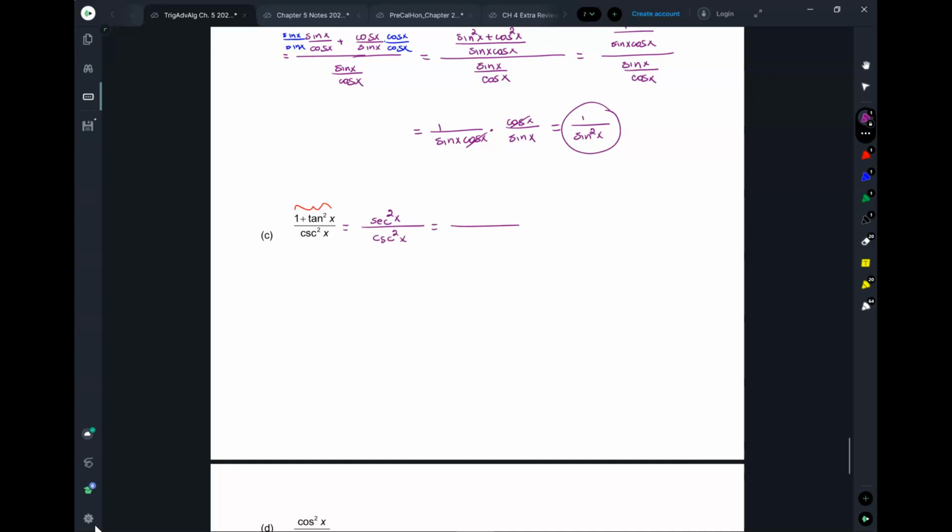Secant from the box is 1 over cosine, but since it's squared, I square it. Cosecant is 1 over sine squared x. Same thing, one fraction times the reciprocal of the second fraction, and I get sine squared x over cosine squared x.